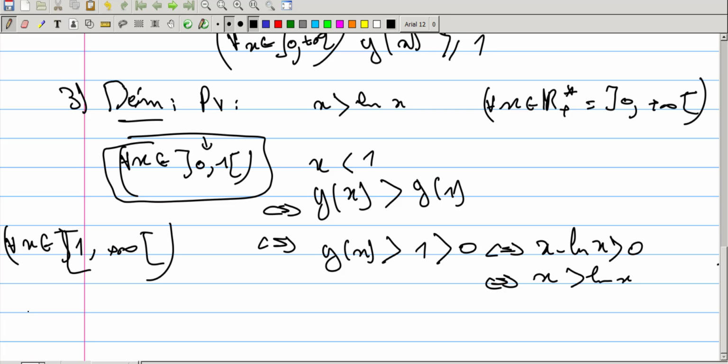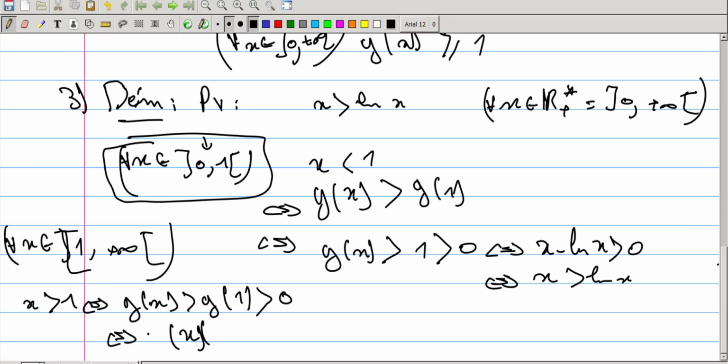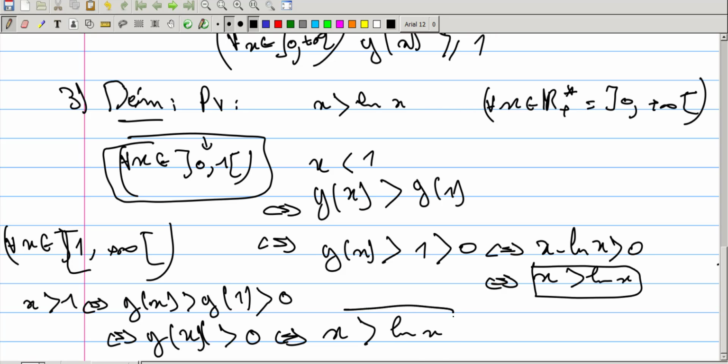So let's move on. We said that x is greater than 1, that's equivalent to saying that g of x is greater than g of 1. We have g of 1 is 1, that means that it's greater than 0, and then we will say that g of x is greater than 0, that equals x is greater than ln x, and we have the same thing here, as you can see.